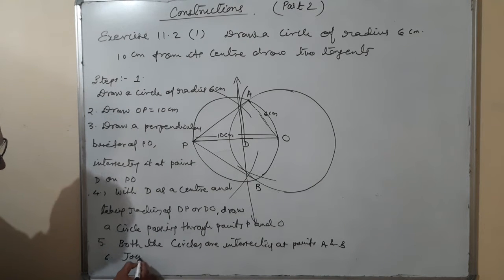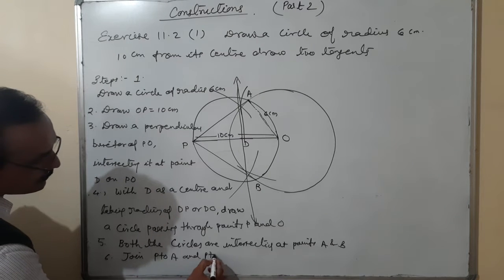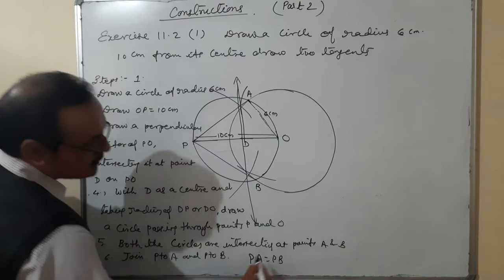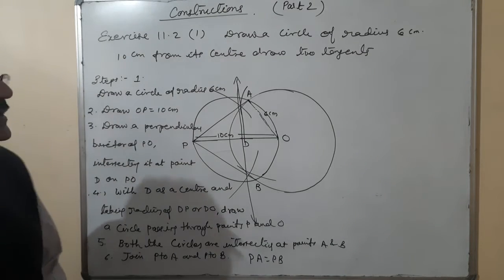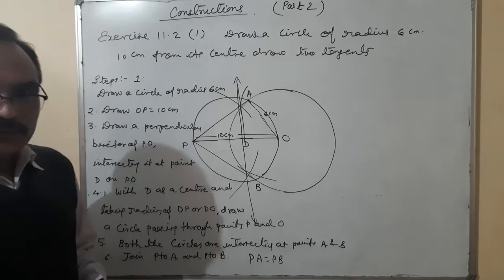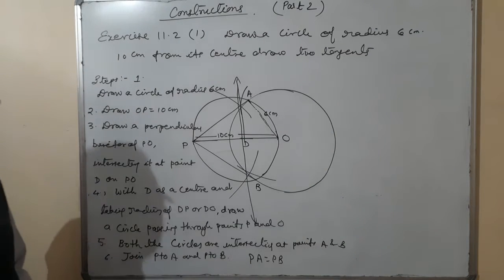Join P to A and P to B. And last is PA is equal to PB. This is the required diagram. Okay. So this is the procedure by which you have to draw two tangents.